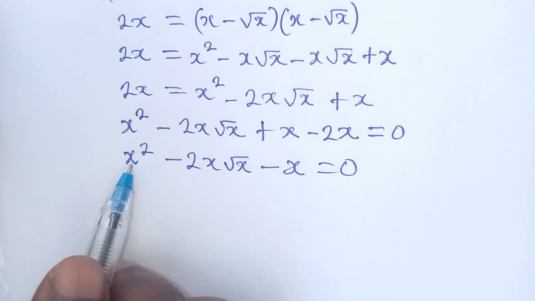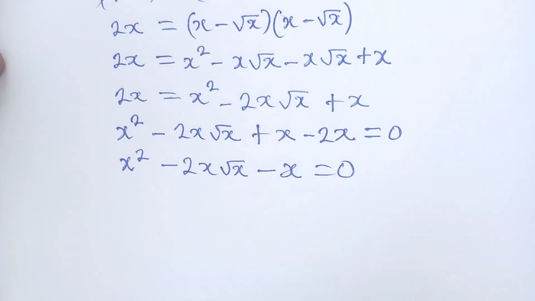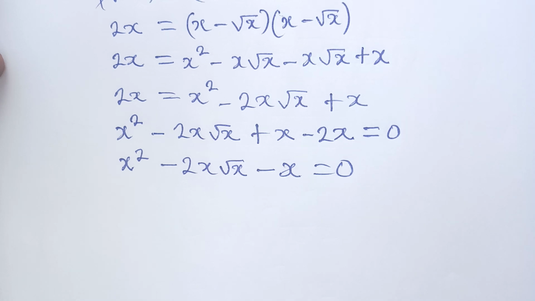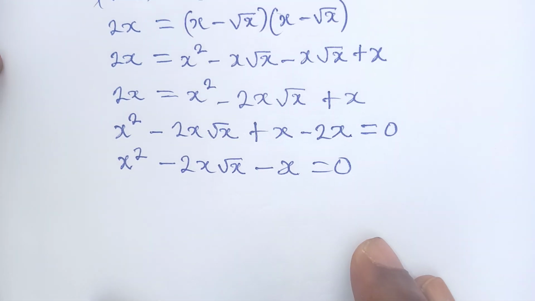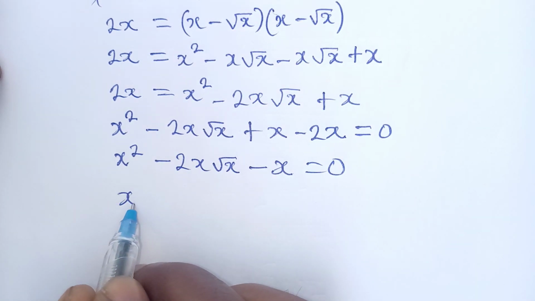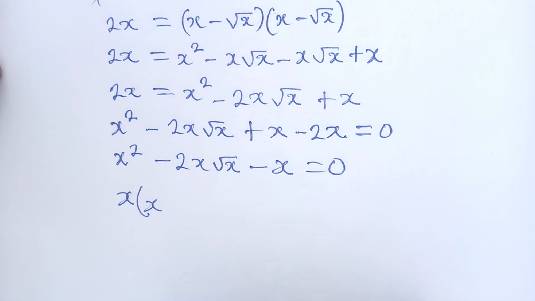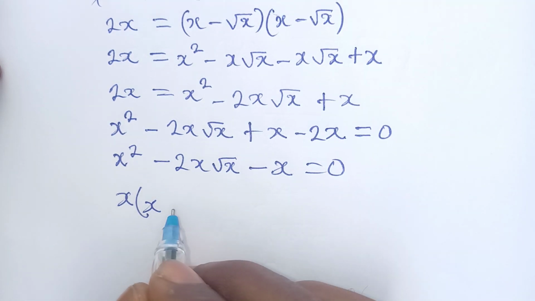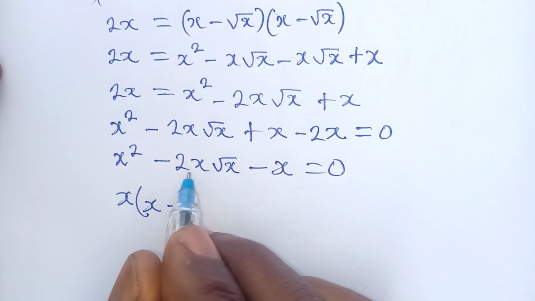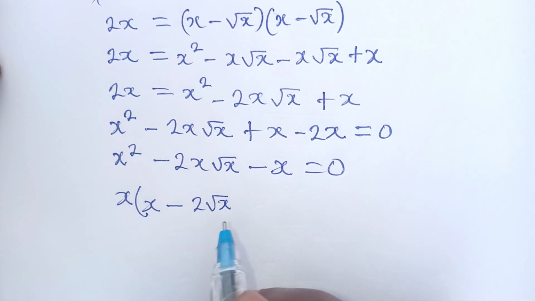Now the next thing I'm going to do is to factor out x, because we have x over here, here and there. So I'm going to factor out the x, and if I do that, this is what I'm going to have. Okay, so x will come out as a common factor. Here we are going to have 1x over there, then minus here we are going to have 2 root x, because this x is already outside.